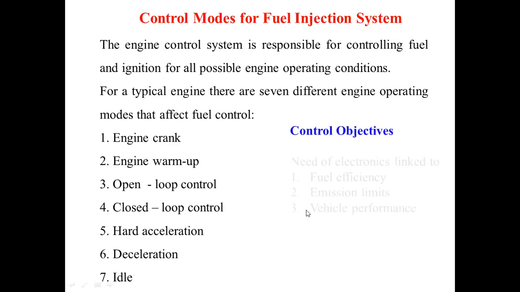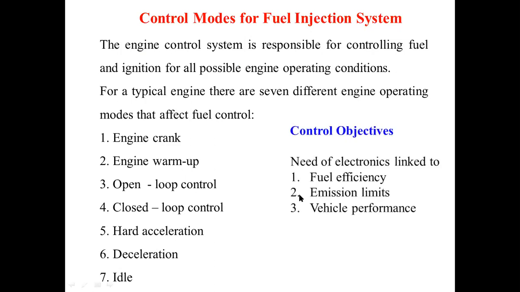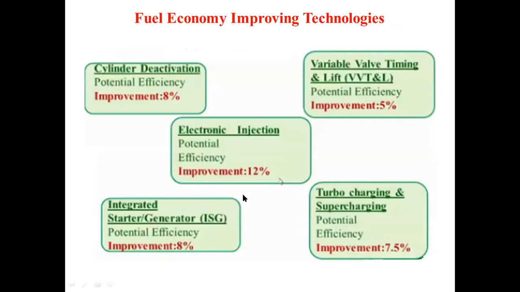Now, what are the control objectives of these control modes of the fuel injection system? It needs to increase the fuel efficiency, limit the emissions, and also improve the vehicle performance. Various fuel economy improving technologies are observed in our latest automotive vehicles.